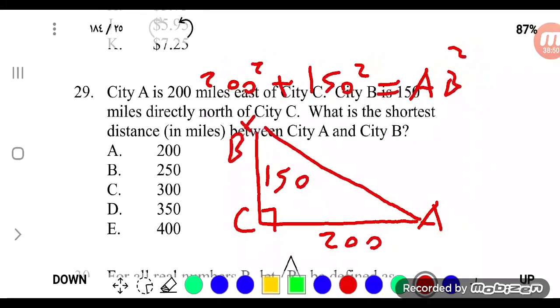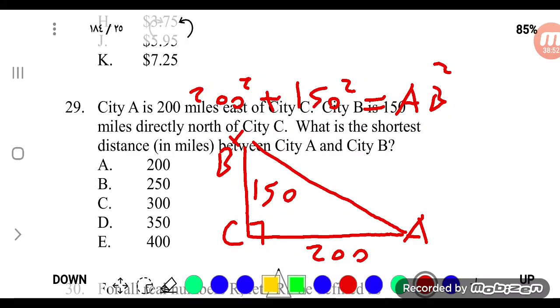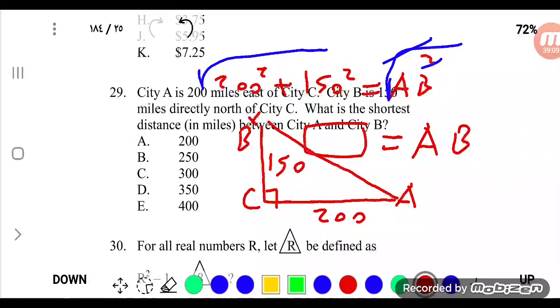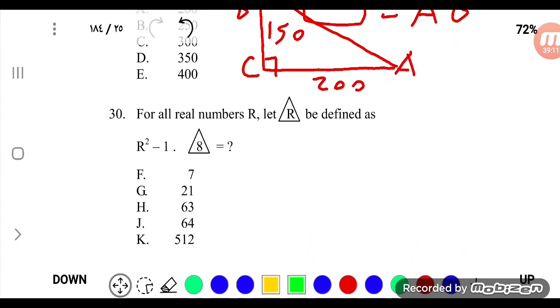And then you can take the square root of both sides, cancelling the square root and square. So you get AB. On the calculator you get the correct option. Then you choose the correct option in question 29.